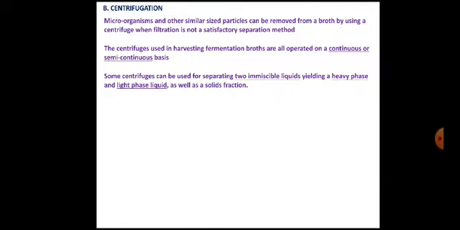Some centrifuges can be used for separating two immiscible liquids also, yielding a heavy phase and a light liquid phase, as well as solid fractions. That means centrifugation is very useful for the separation of solids from liquids, as well as for the separation of two liquid phases, that means two immiscible liquids or liquids with different densities.